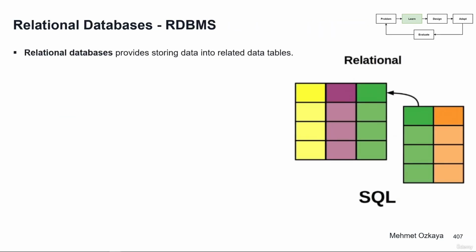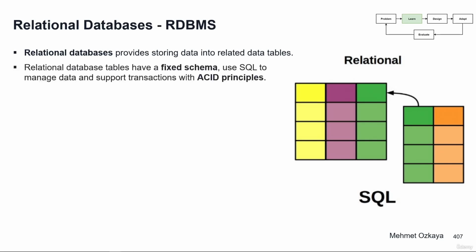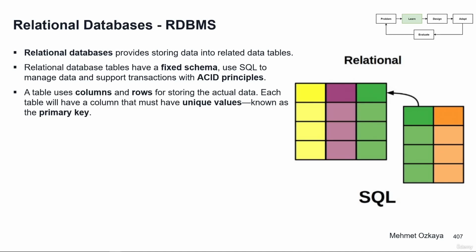Relational databases store data in related data tables. Relational database tables have a fixed schema, use SQL to manage data, and support transactions with ACID principles. A table uses columns and rows for storing the actual data. Each table will have a column that must have unique values, known as a primary key.